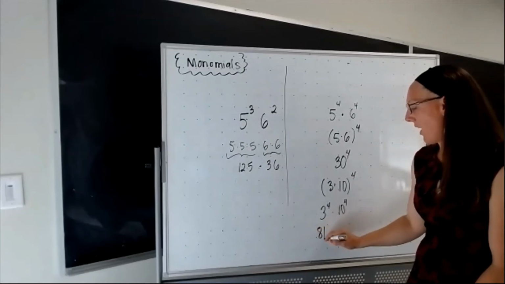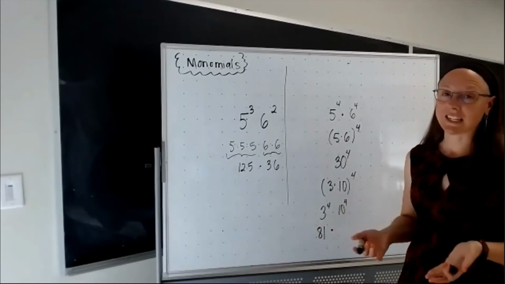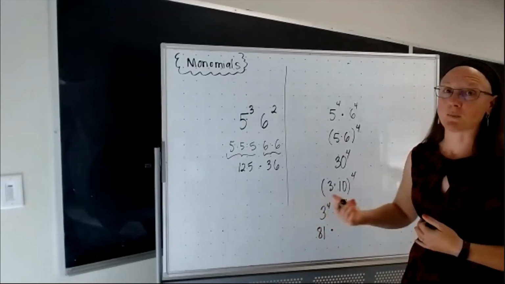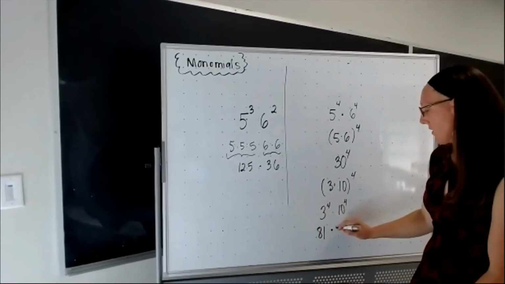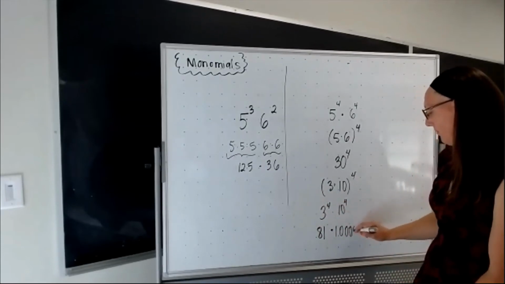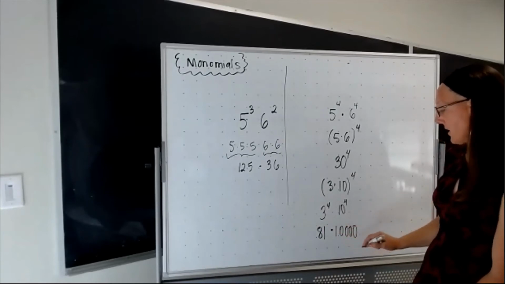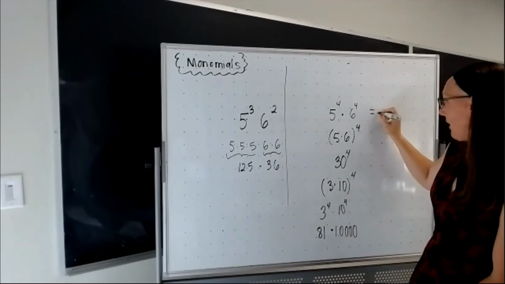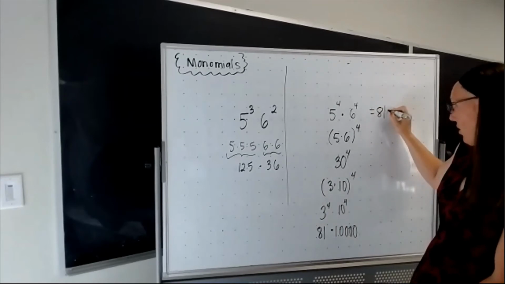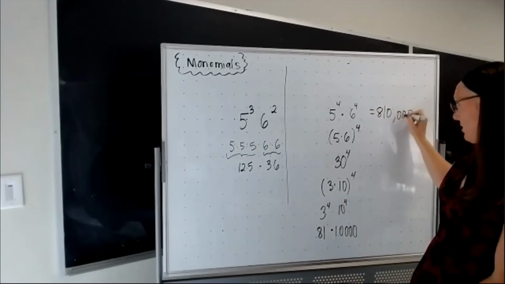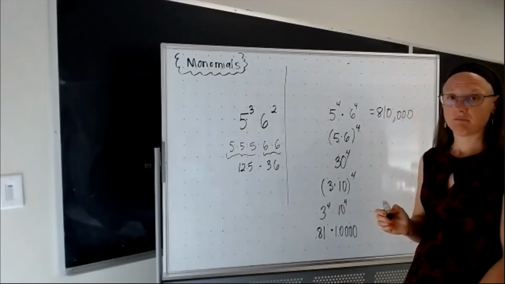So that would be 81. And 10 to the 4th, the nice thing about powers of 10 is we just put in that many zeros. Which means if I put that all together, I would have 810,000.